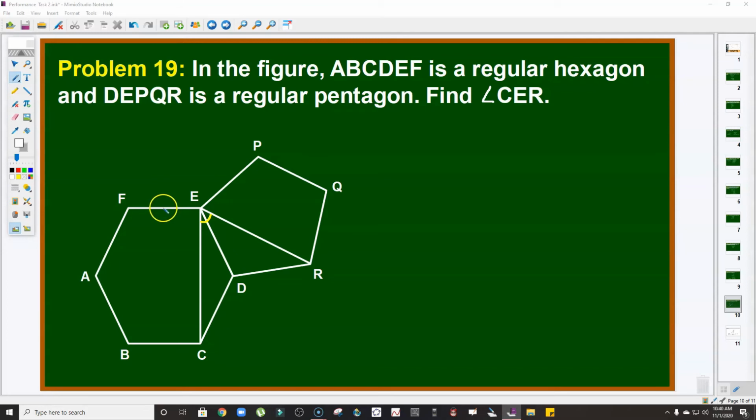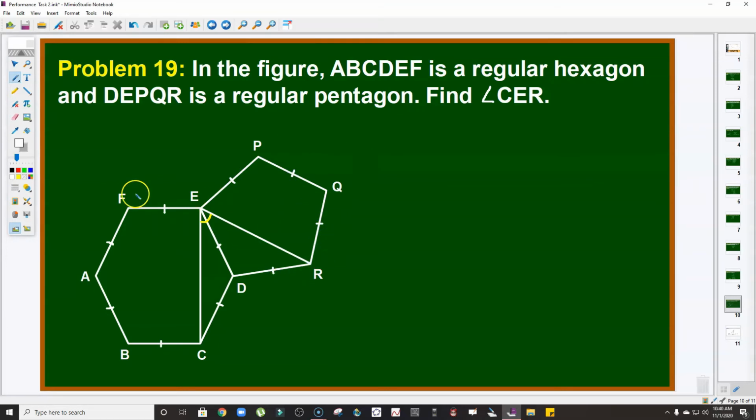So let me put marks here: EF equals AF, equals AB, equals BC, equals CD, equals ED. See that? Similarly, since DEPQR is a regular pentagon, ED is equal to EP, as well as PQ, QR, and at the same time DR.